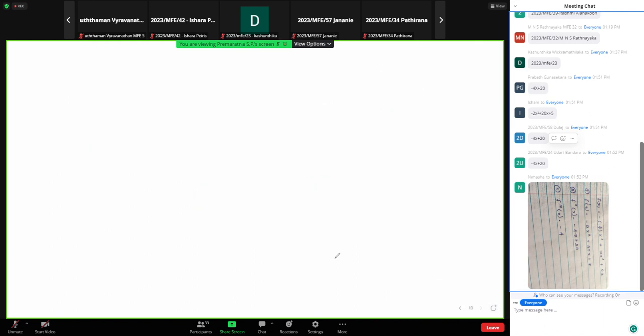Now I'll give you a very simple example. Find the optimal point, and if possible, draw the curve also.